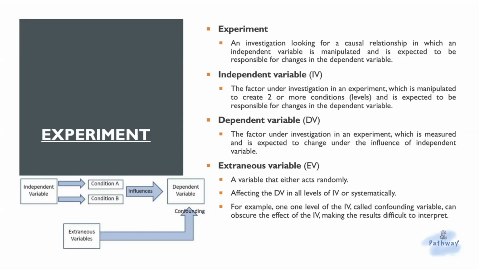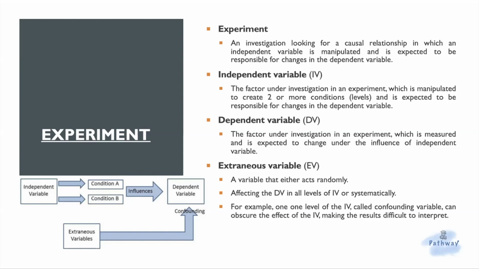Those factors are called extraneous variables. Extraneous variables should therefore be controlled, like keeping the same condition, maybe after eating, or the same dull class, or a more exciting class.